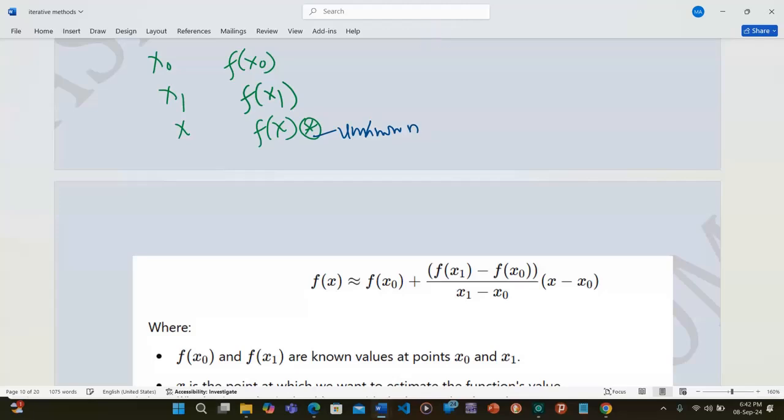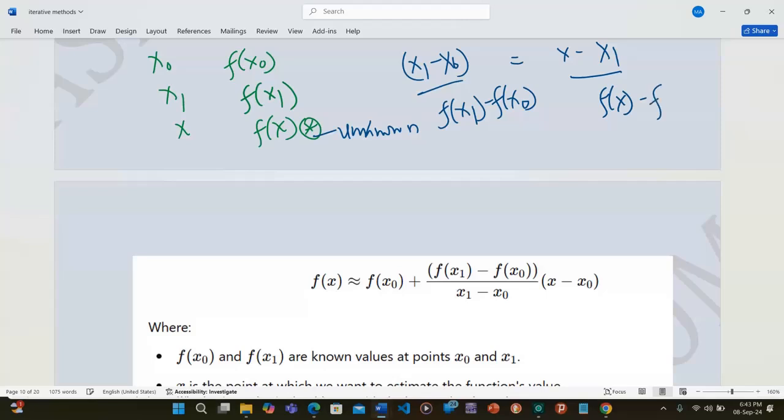If x1 is bigger than x0, let me say this is going to be x1 minus x0 divided by f of x1 minus f of x0. I'm assuming also that x is bigger than x1, so I will have x minus x1 divided by f of x minus f of x1. So what I do, I cross multiply.